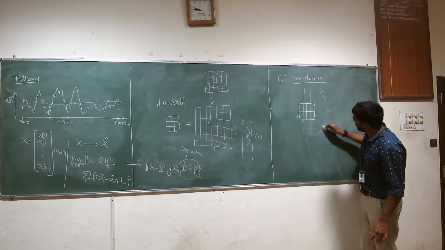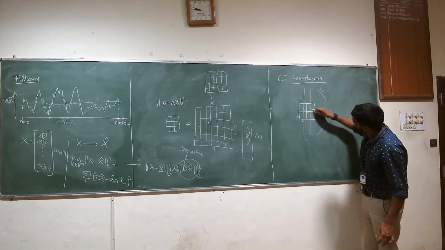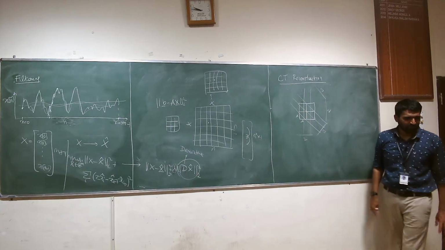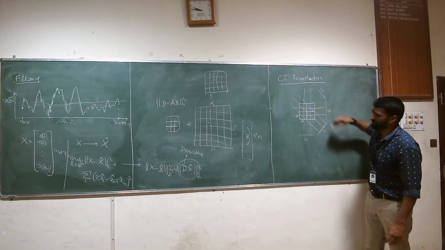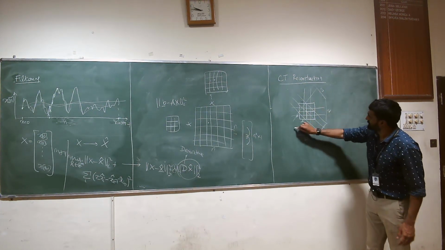The 3 here will essentially pass 3 rays like this, okay, through the center of the pixel. Similarly here, it will pass 2, and this will again pass 3 rays that will pass through like this.